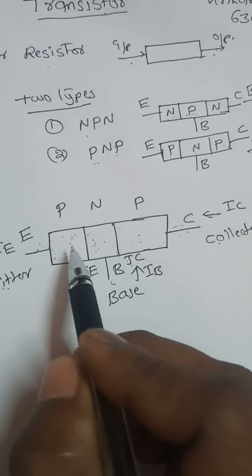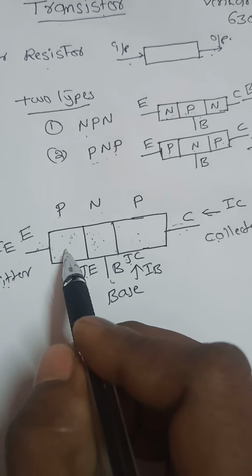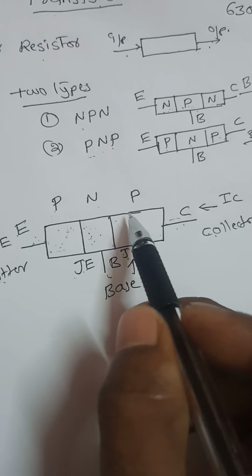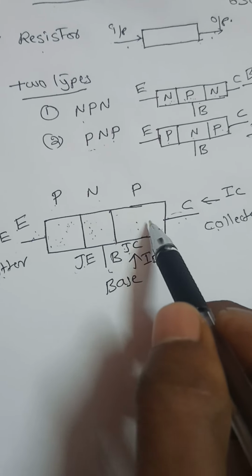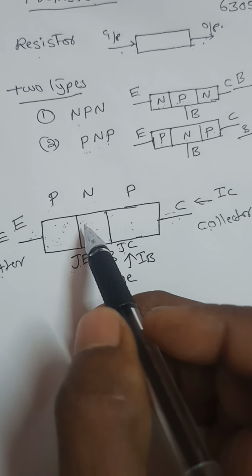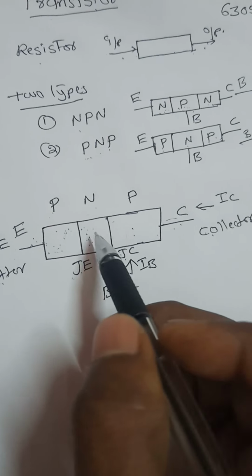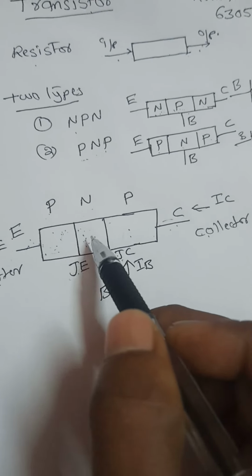The doping concentration for the emitter is heavy, the doping concentration for the collector is moderate, and the doping concentration for the base is light. And when compared with these two, the width of the base is very small.